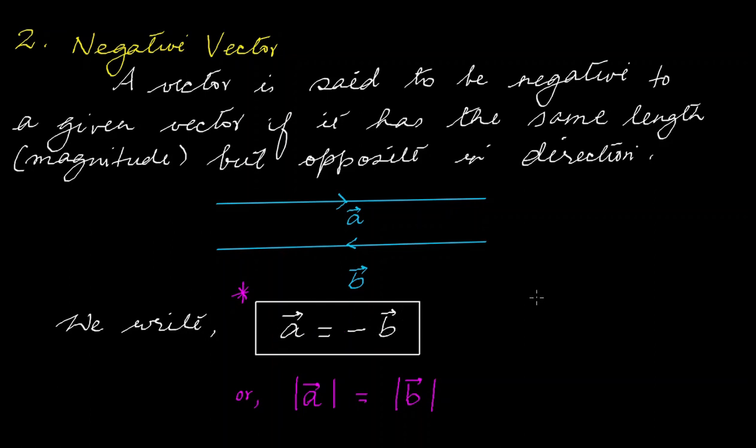Okay, so we will come across this, for example, in the gravitation chapter. In the gravitation chapter, you have F12 bar is equal to minus of F21 bar. Now what does this equation mean? It means that the two forces are equal.